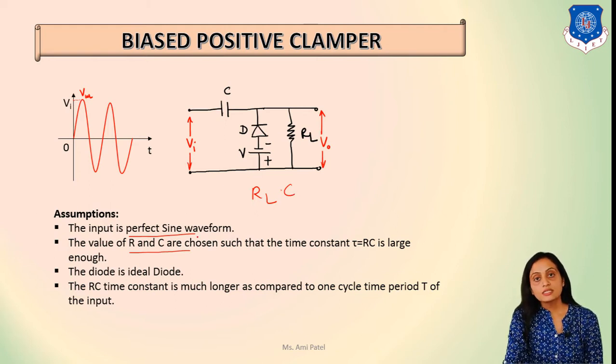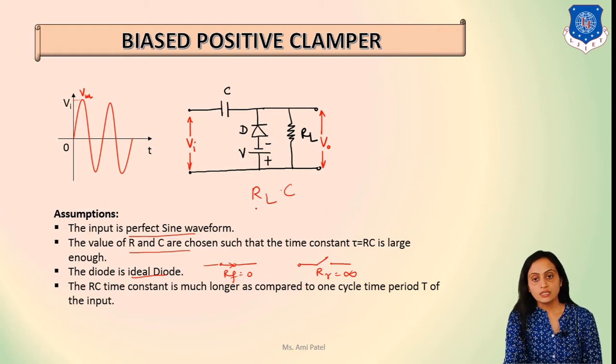Now here we consider the diode to be an ideal diode. That means when the diode is on, we replace it with a closed switch, and its forward resistance ideally is 0. And when the diode is off, we replace it with an open switch, and its reverse resistance is infinite.